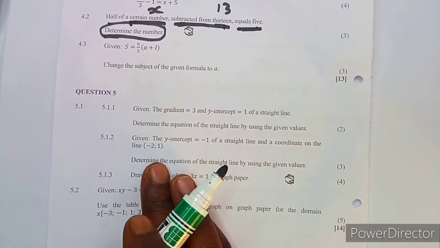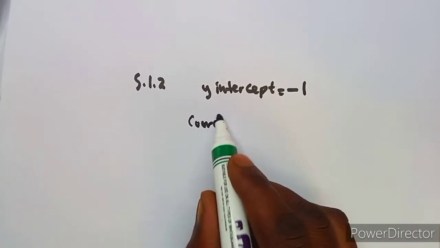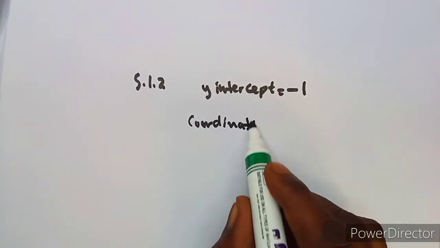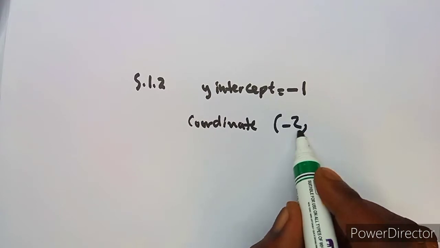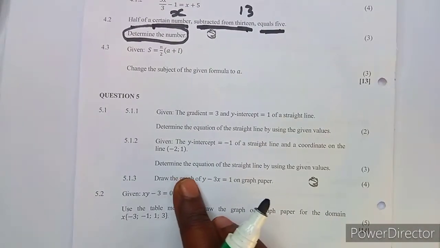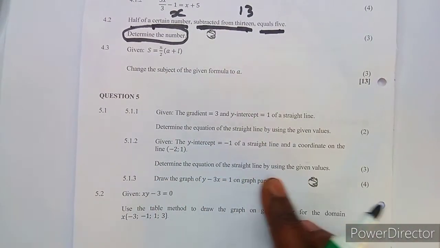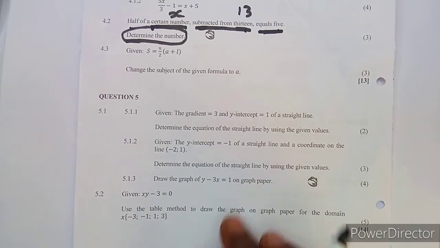We are given a coordinate this time. We are given just another point. A coordinate is just a point, so we are given another coordinate, which is minus 2, 1, and they want you to determine the equation by using the given values.